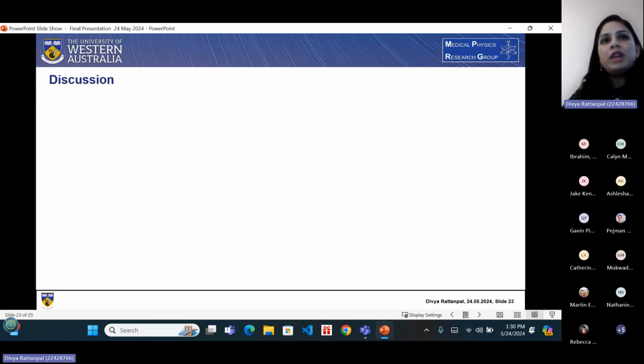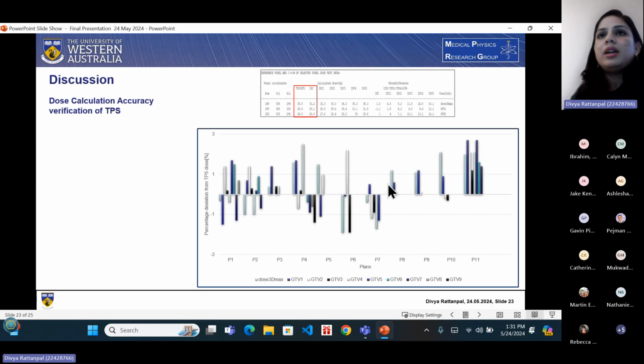One more thing from this code: it can be used to verify the calculation accuracy of the treatment planning system. Here, with the unmodified OCR, the calculated dose values were compared with the treatment planning system dose for all the 11 patients.